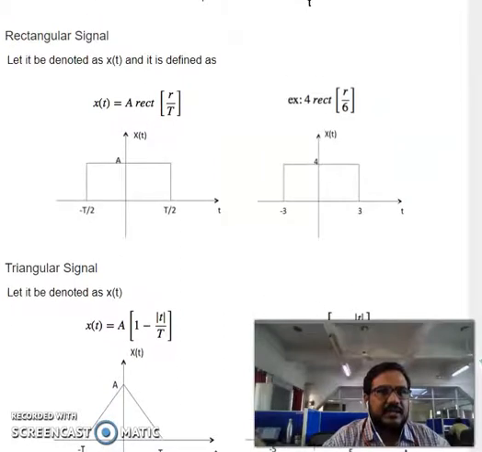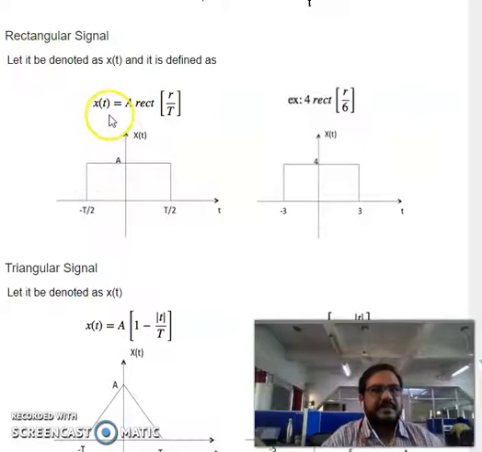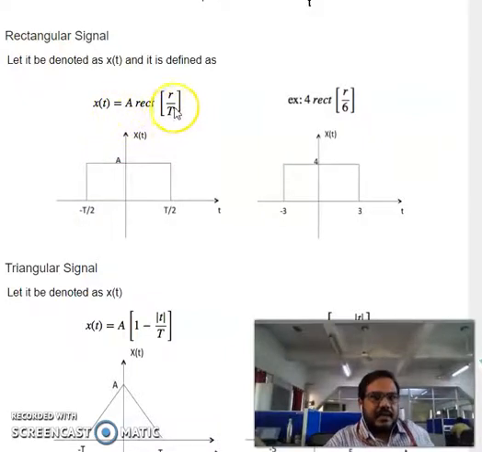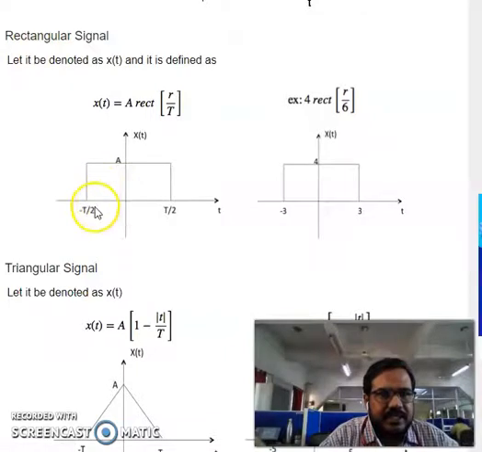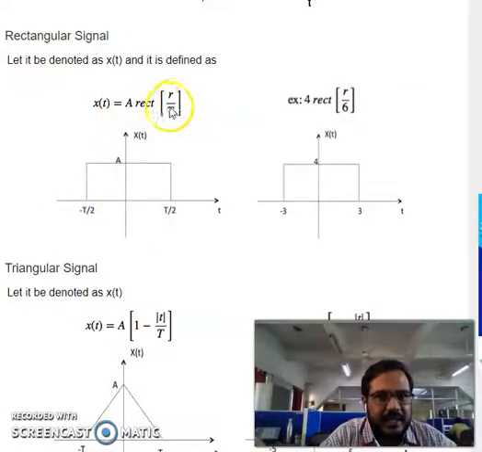Now rectangular signal. What is the rectangular signal? Rectangular signal is defined as a rect t by T, where a is the amplitude of the rectangular function, and T is the width of the function.